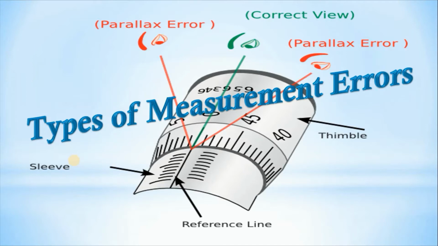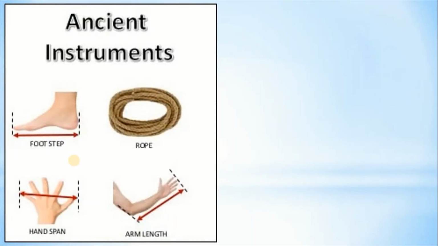Instrument or indication errors may be caused by defects in manufacture or adjustment of an instrument, imperfections in design, etc. So what are those, we are going to see. But before that, first we will see what instruments were used in ancient times for measurements.